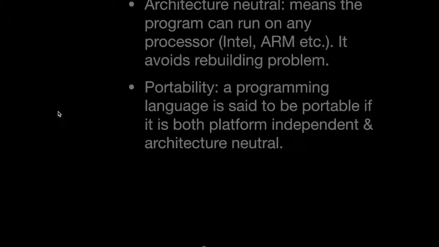Before discussing portability, I want to put eyes on architecture neutral. It means the program can run on any processor. It avoids the rebuilding problem. Portability: a programming language is said to be portable if it is both platform independent and architecture neutral.